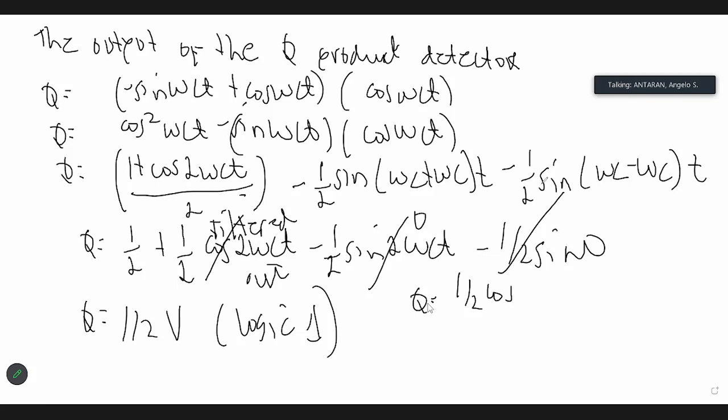Negative 45, negative 135. Oh, take the cosine of that. Nasagot.